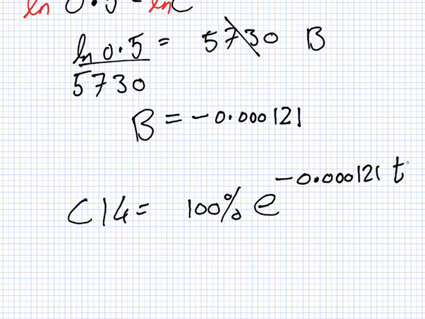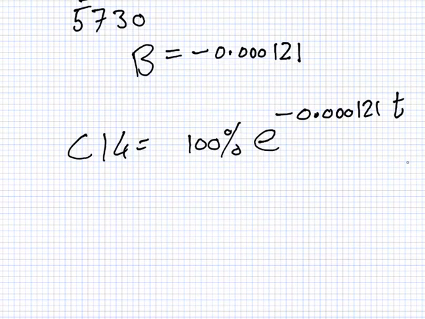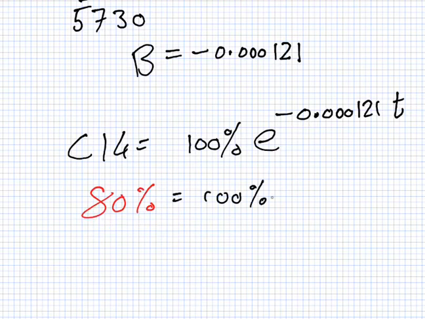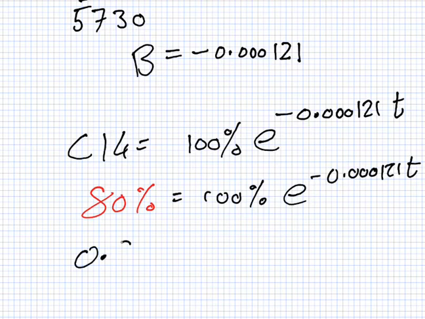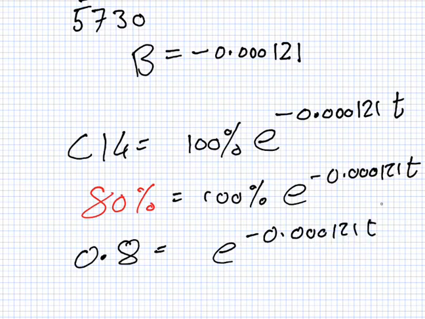So now we can find the time. What do we put the carbon-14 equal to now? 80%. So we have 80% equals 100% e power minus 0.000121 T. So you get 0.8 equals e power minus 0.000121 T. I put a log here and a log here.